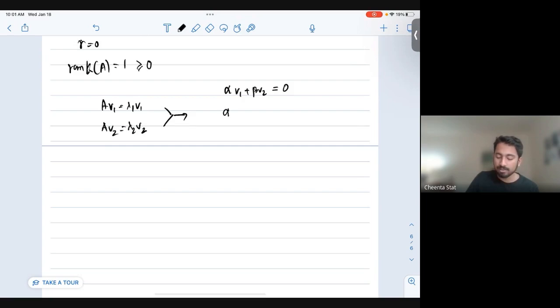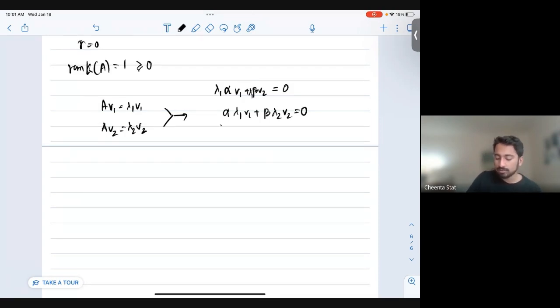If you multiply by A, we get alpha lambda 1 v1 plus beta lambda 2 v2 is equal to 0, right? If we multiply the first by lambda 1 and subtract, we get beta times (lambda 2 minus lambda 1) v2 is equal to 0, right?